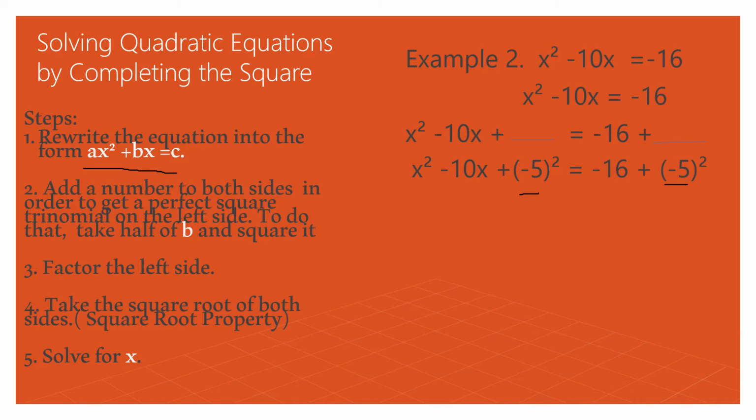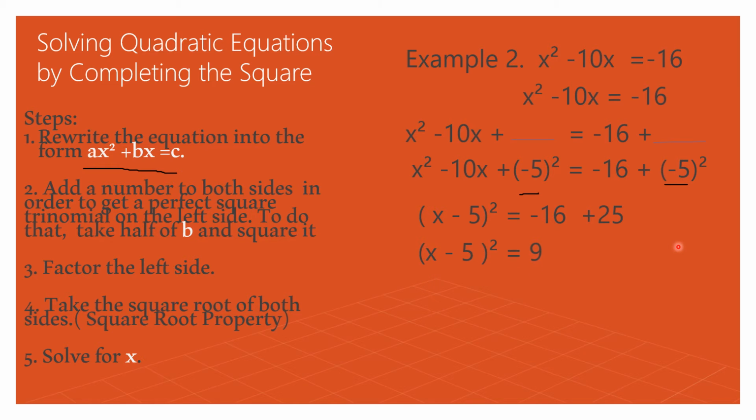Now, pa-factor na natin ito. Perfect square trinomial, at isi-simplify lang natin yun sa kabilang side. So, ayan ang factored form niya. Quantity x minus 5, so copy lang yung x, copy lang yung negative 5, and then square mo lang. Is equal to negative 16 plus 25 dahil negative 5 times negative 5.